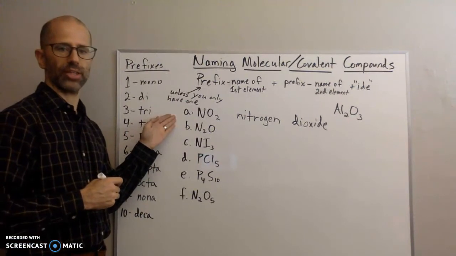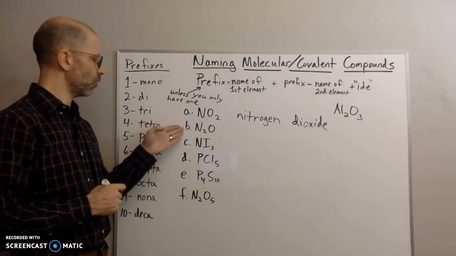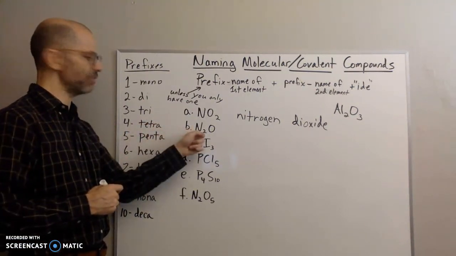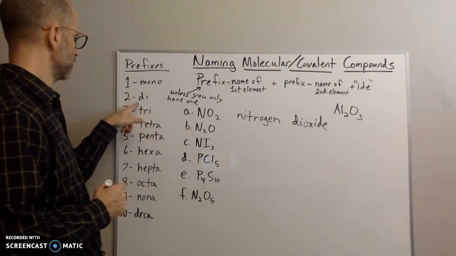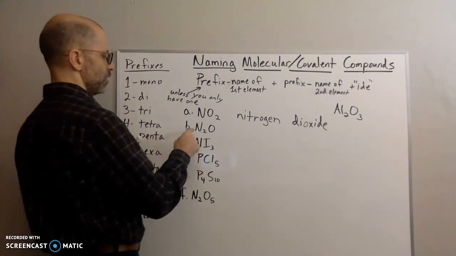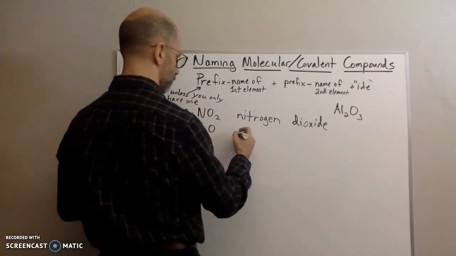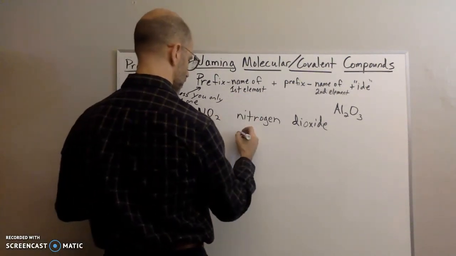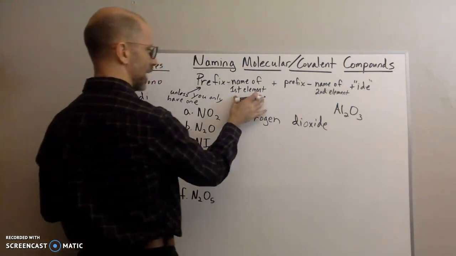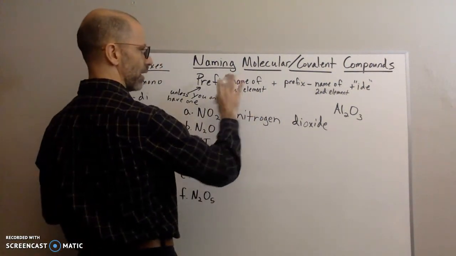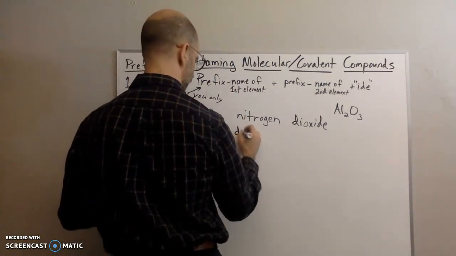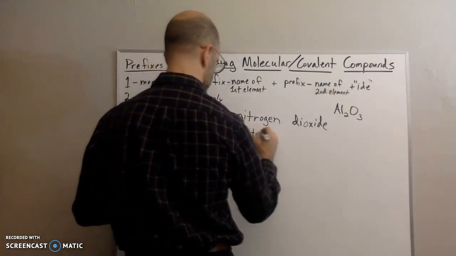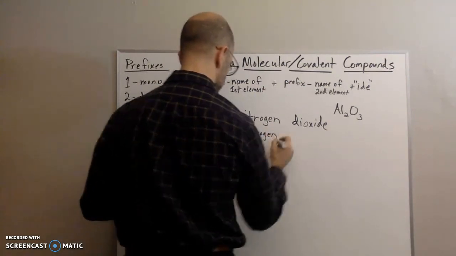So nitrogen dioxide. What about this one? Now I have 2 nitrogens, so I have to have a prefix. I'm going to use di, and then the name of the element. With the name of the first element, I don't have to drop anything. It's just the name of the element. So dinitrogen.